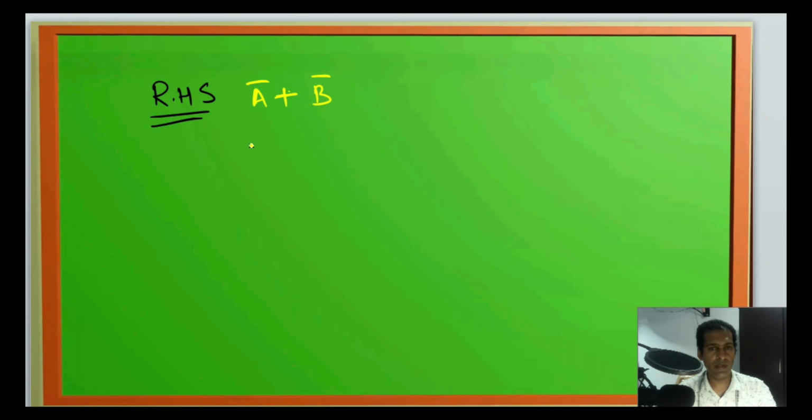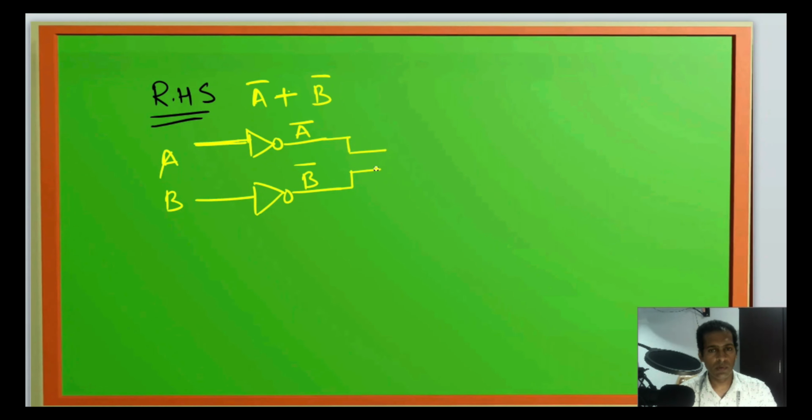First we take A and B as inputs, and we take their complements, so we connect a NOT gate to each. Here we get A bar, here we get B bar. Now we have to take the sum of these two, and for taking the sum we use an OR gate. So its output is A bar plus B bar.